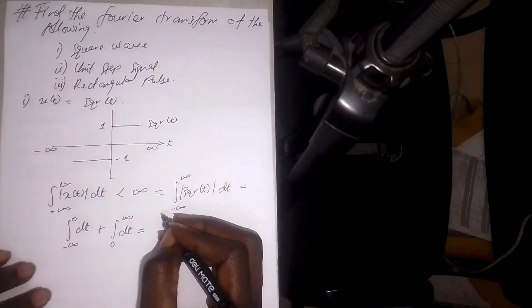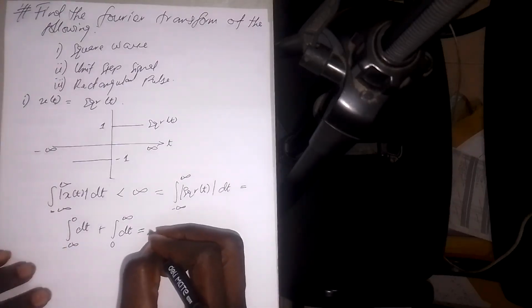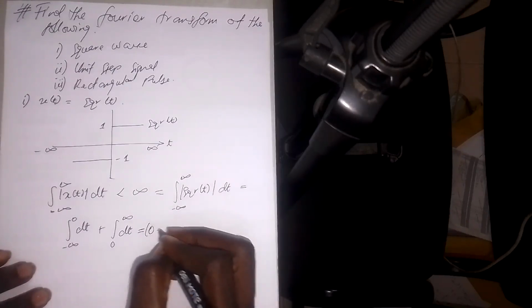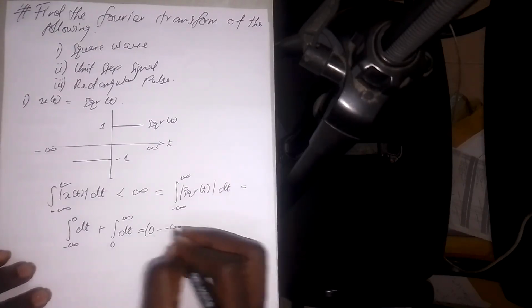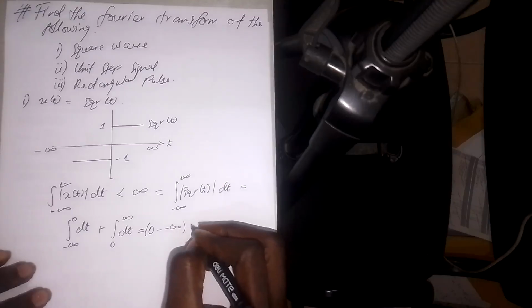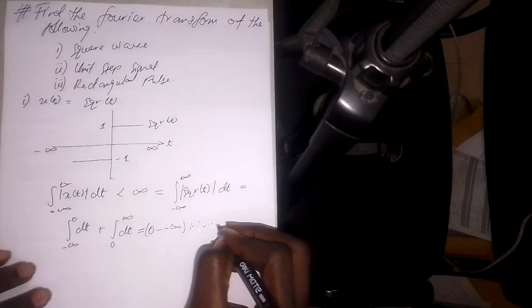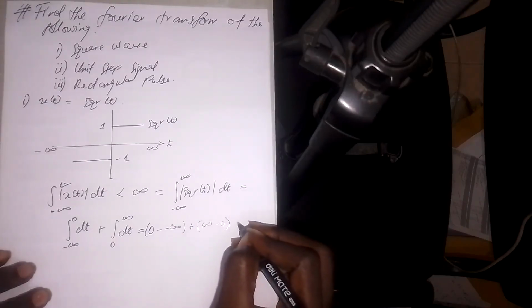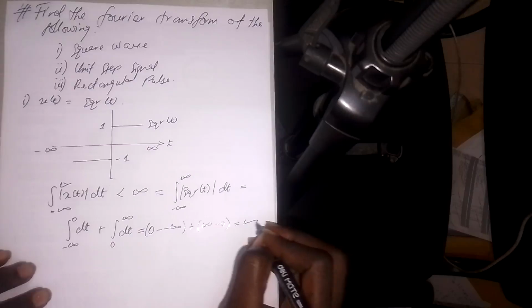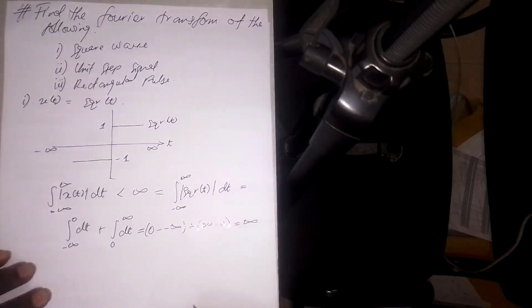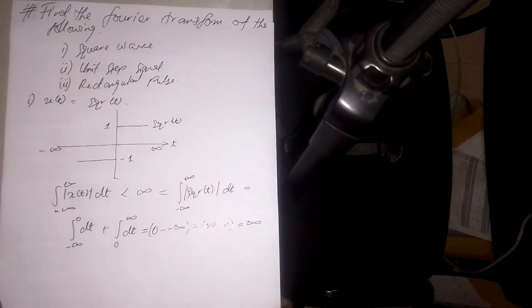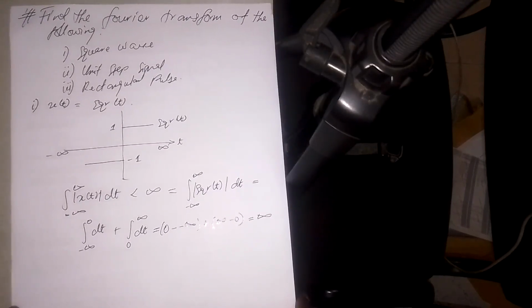You're going to have 0 minus infinity, plus infinity minus 0, which is equal to infinity. If we have something like this, obviously it does not satisfy the Dirichlet condition.